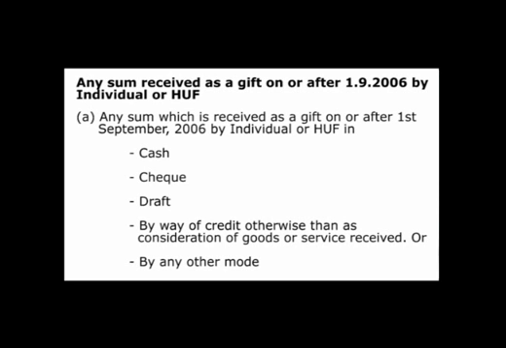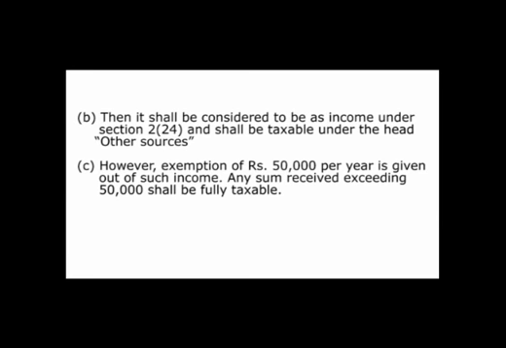If an individual or HUF receives a gift on or after 1st September 2006, by cash, demand draft, check or by way of credit, otherwise than in consideration of goods or services received, or by any other mode, then it shall be construed as an income under the provisions of subsection 24 of section 2 and shall be taxable under this head, that is, income from other sources.